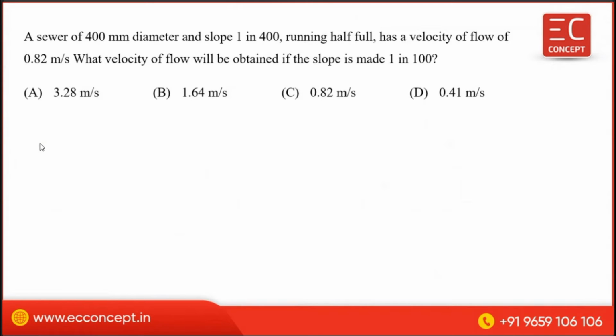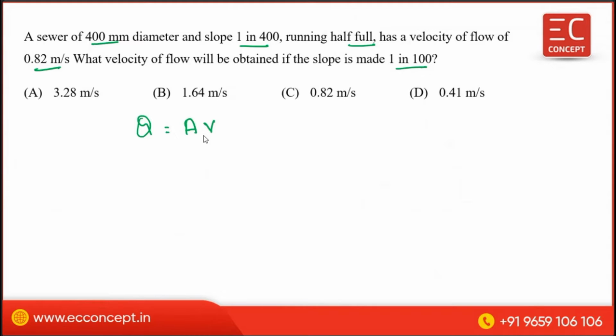See, a sewer of 400 mm dia whose slope is 1 in 400 running half full has a velocity of flow of 0.82. What velocity of flow will be obtained if the slope is made as 1 in 100? Okay. See, in general discharge calculation, Q is equal to area into velocity. So here, if there are no changes in the cross sectional area, there is no modification in the discharge either. Okay? So the only modification is in the slope.